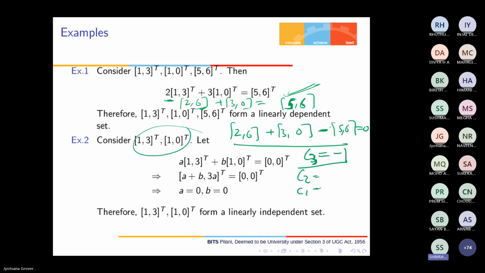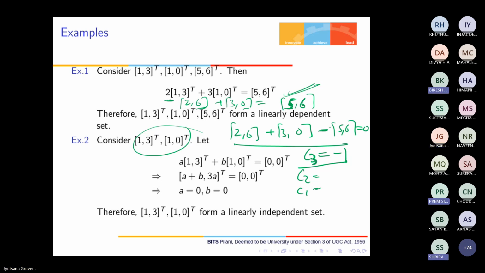Correct. Yeah. So in the second example, we are deducing that A equals 0, B equals 0 using REF. But if we can straight away say that 2 times vector 1 plus 3 times vector 2 gives us the third vector, we can find a combination between the vectors, then we can say that these are dependent vectors. That's all. Yes, that's all.